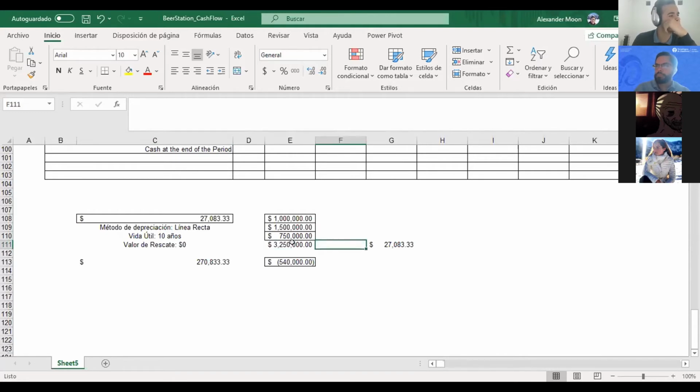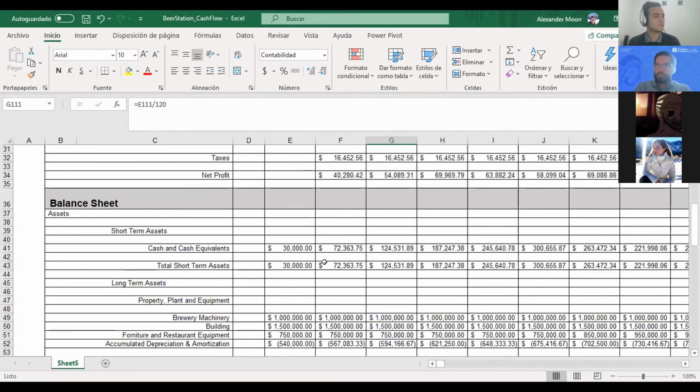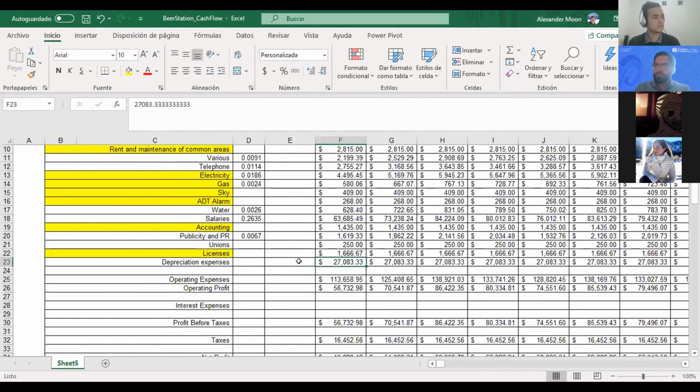Basically, we plug the values into the depreciation formula and solve for the depreciation value. When we multiply by 120, given that we want a monthly value and the case gives a useful life of 10 years, we get 27,083 pesos and 33 cents, which matches the depreciation expense in our income statement.